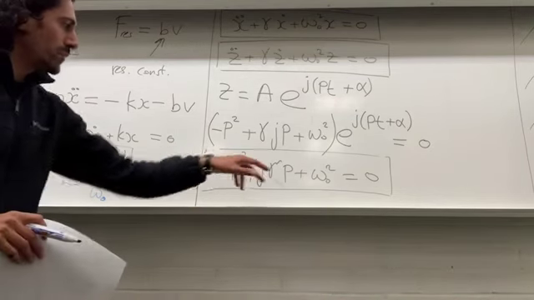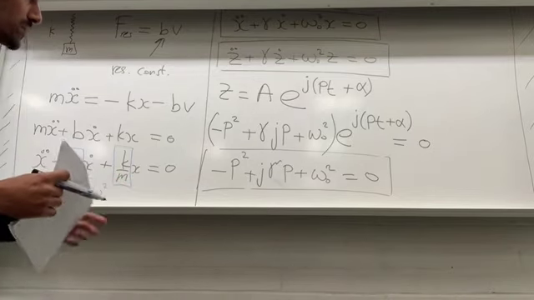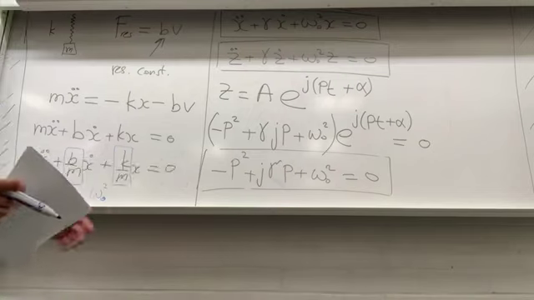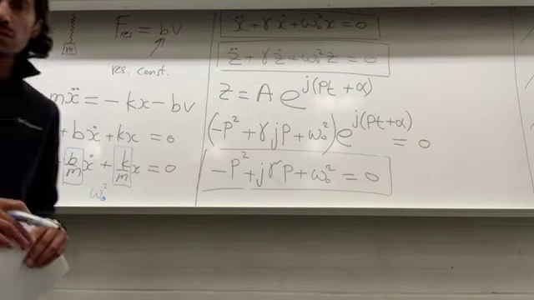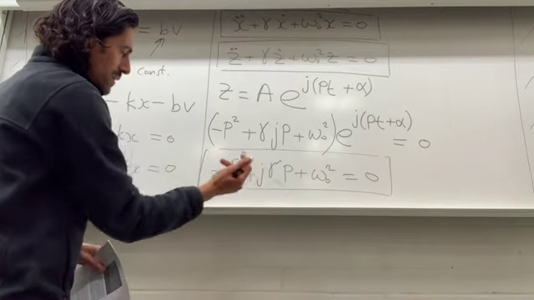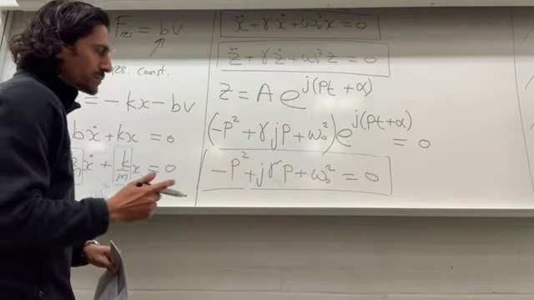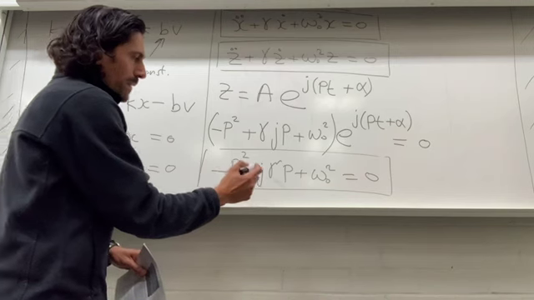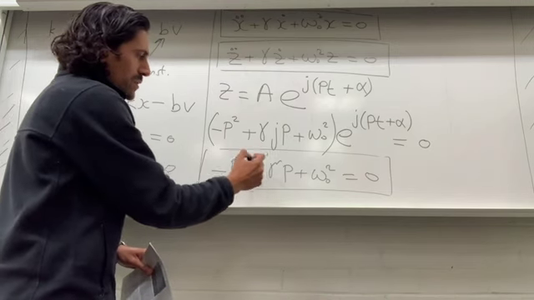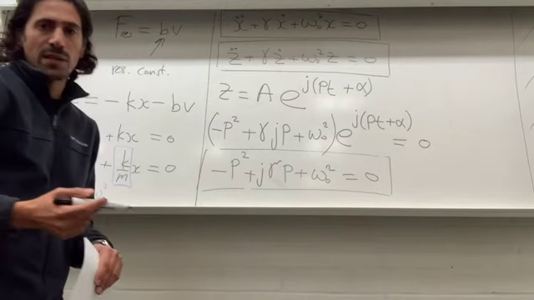But now we have gamma here, and to solve this we have a problem. There's one equation. If I substitute p equals 0, because this is the only imaginary term here, then p has to be equal to 0, but then there is no oscillation.